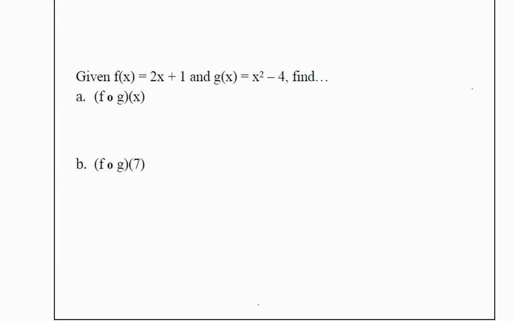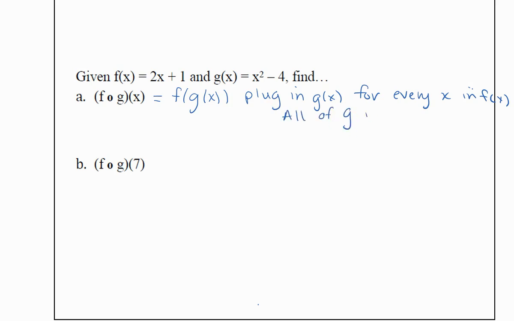What this means is we want to find f of g of x, meaning we want to plug in g for every x in f of x. We're putting all of g into f.